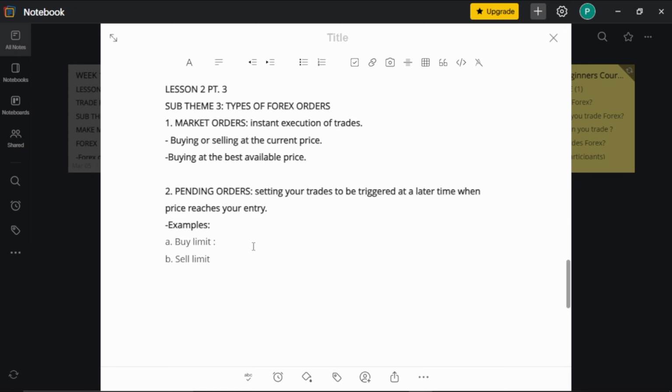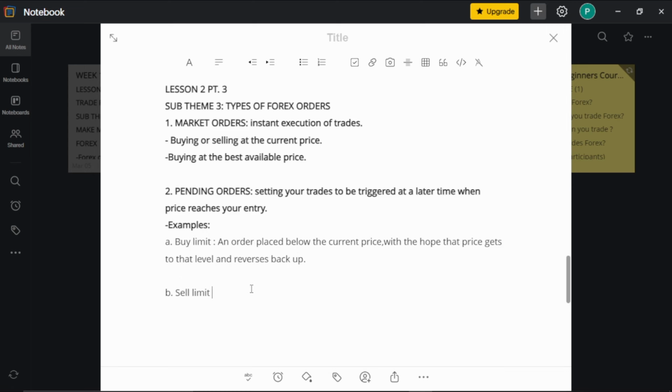It's an order placed below the current price with the hope that price gets to it and reverses back up, right? That's for a buy limit.